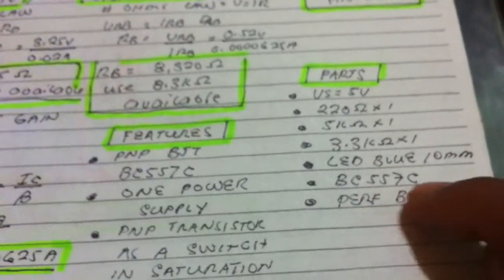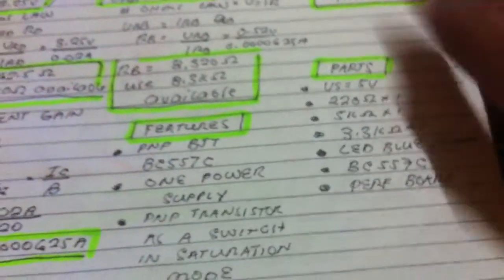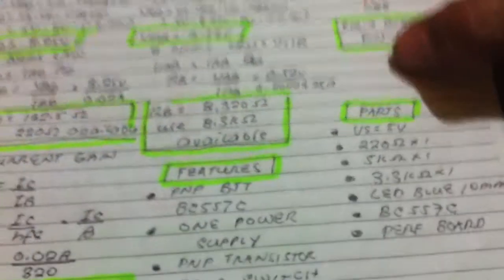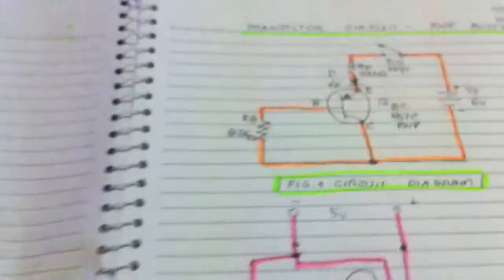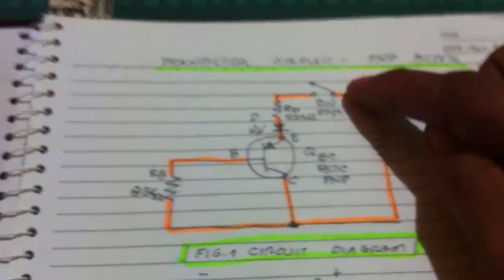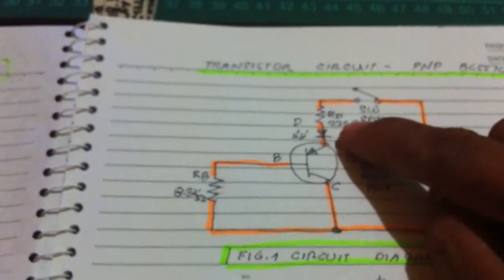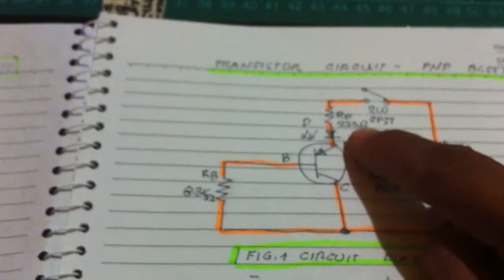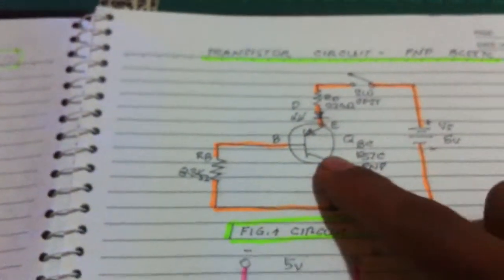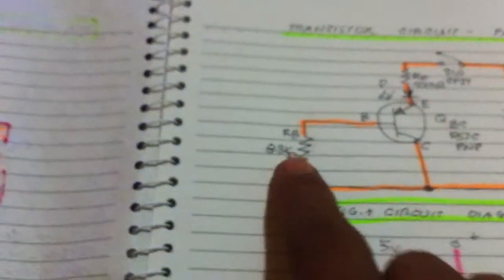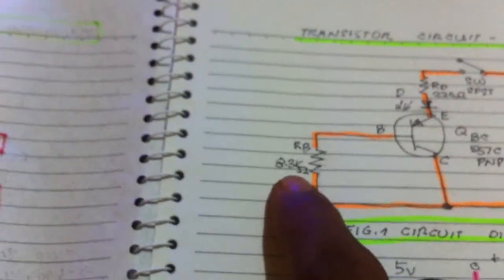Transistor BC557C, and a perf board. We know the parts, and now we come to our final circuit here. We have power supply, switch, value of the resistor in the collector 220 ohms, LED blue, transistor 557, base resistor of 8.3 kilo ohms, and this is the circuit diagram.